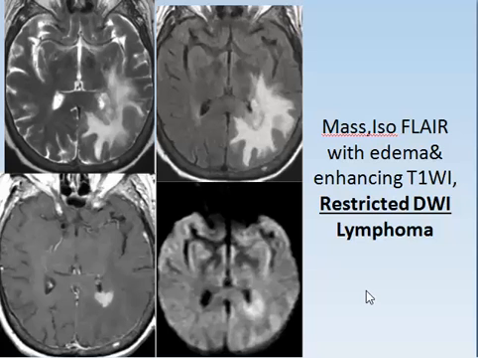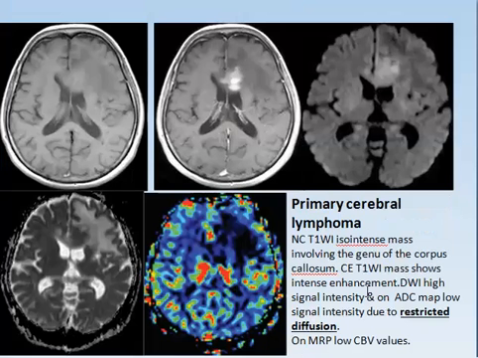These are the principles. Iso with surrounding edema. This is a mass in T1 weighted image with contrast. Enhancing with surrounding edema.